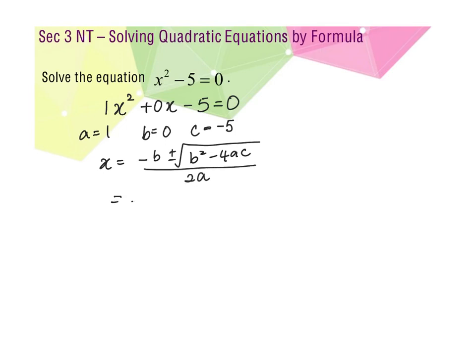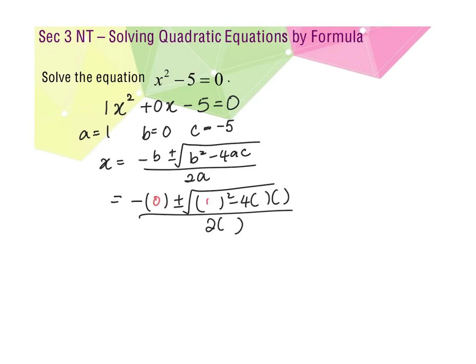Substituting our values, b is 0, a is 1, c is negative 5, and this is 2a. Keying this into our calculator, we'll get our first answer to be 2.23606, and so on.